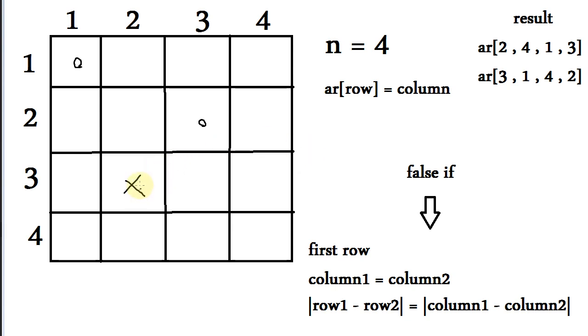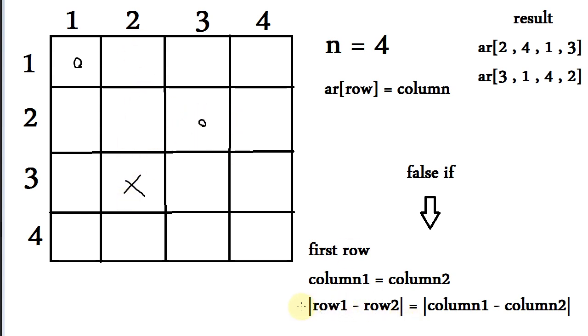So when our code reaches here, it first checks if the queen on our first row is in the same column. It is not, and it goes to the second row and it checks if the queen in this row is in the same column.